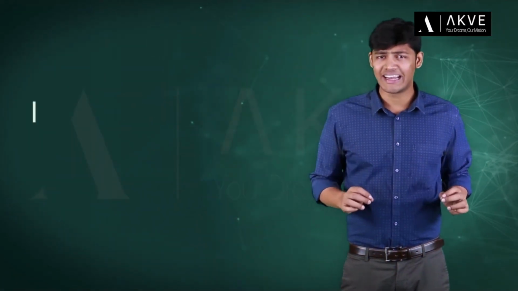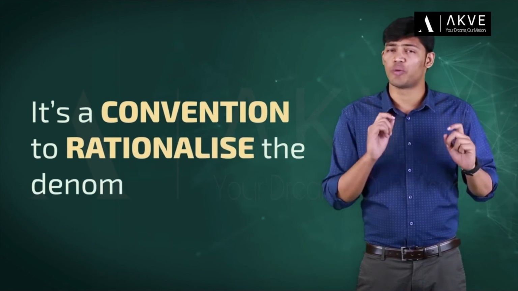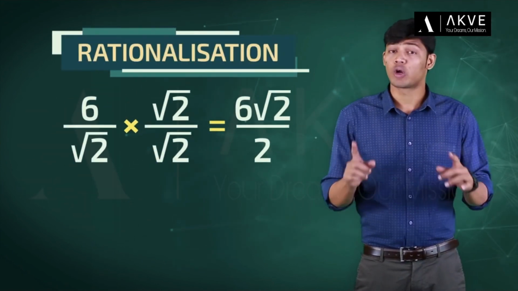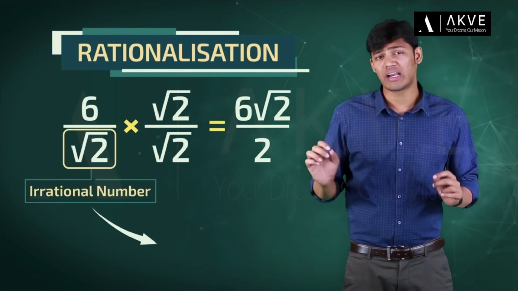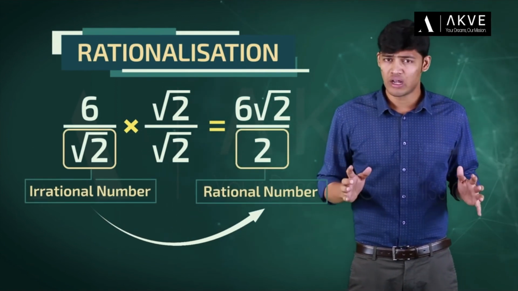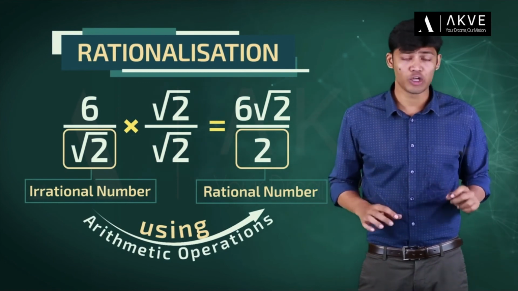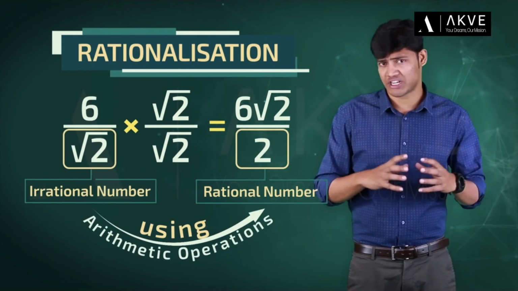Always remember that it's a convention to rationalize the denominator. So, rationalization means to convert the irrational denominator into a rational number by using some arithmetic operations. But remember that you should not change the value of the fraction as well.